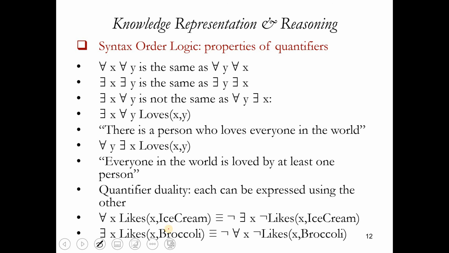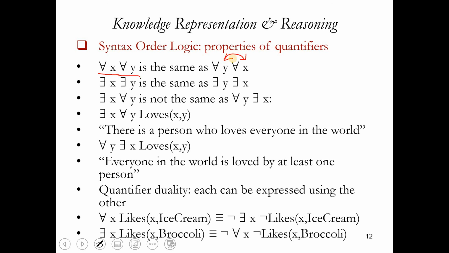Here are some simple examples. These are not examples, these are properties. This over here is a property of first order logic. If you want to write for all X, all Y, you can change the order. You can say maybe they are commutative. You can change the order, it is the same meaning.